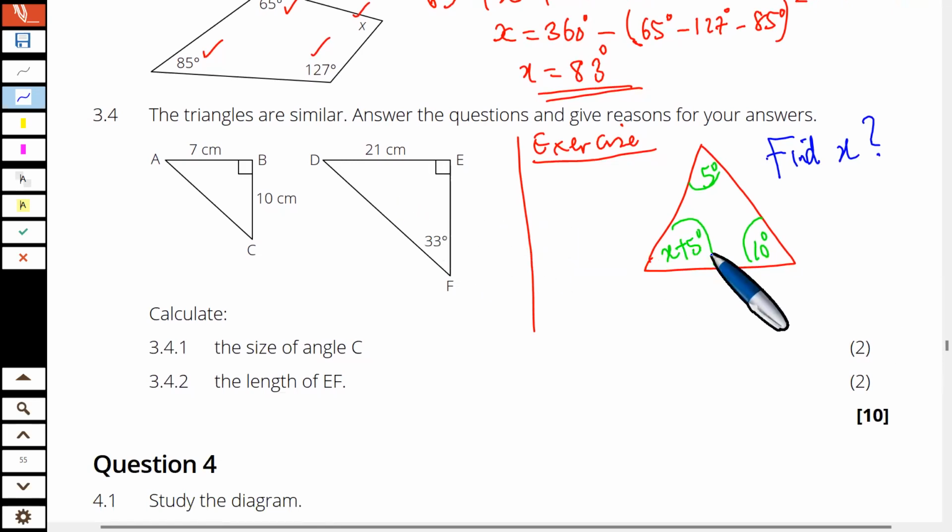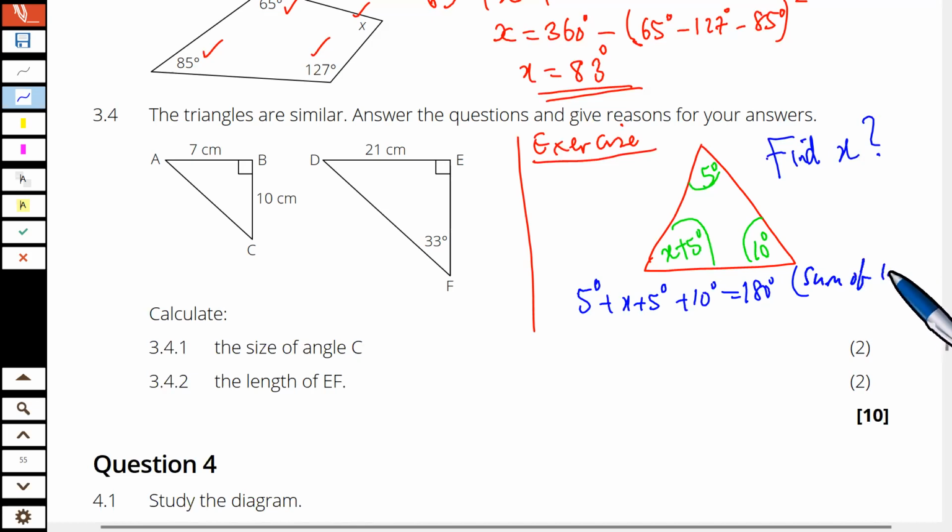Right. So obviously to get the answer here, you need to add all of them up. So you need to add 5 degrees, x plus 5 degrees, equals 180 degrees, because if you add the angles in a triangle, you get what? 180 degrees.